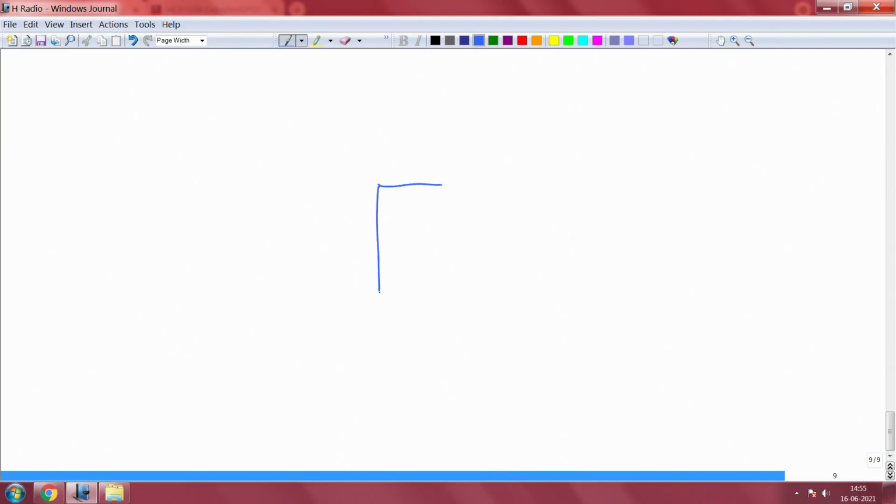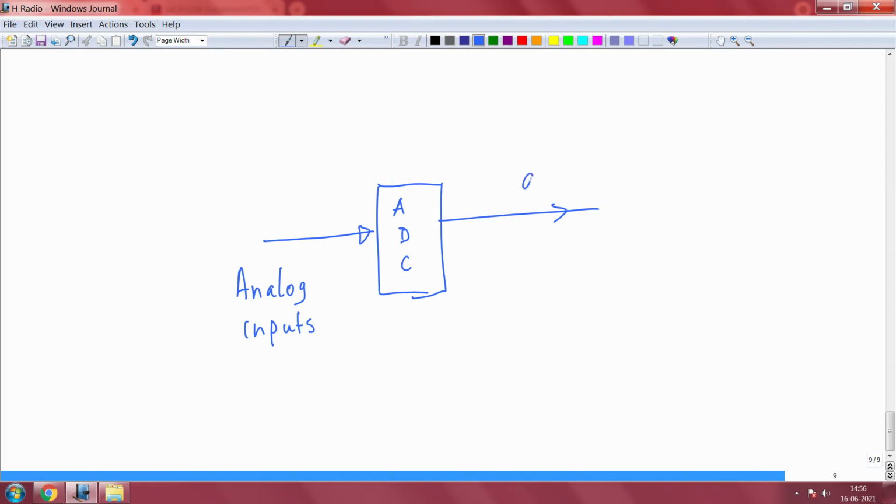So just to sketch this picture, you want to connect analog inputs on this side, you want to generate ADC conversion here, and then you want to transfer this digital data to a single board computer such as Raspberry Pi. So these are digital ports.